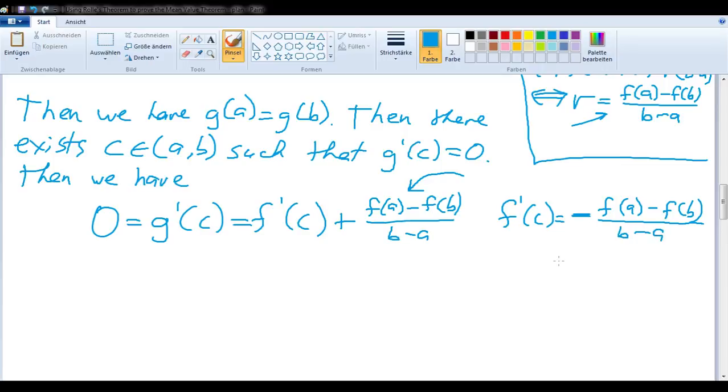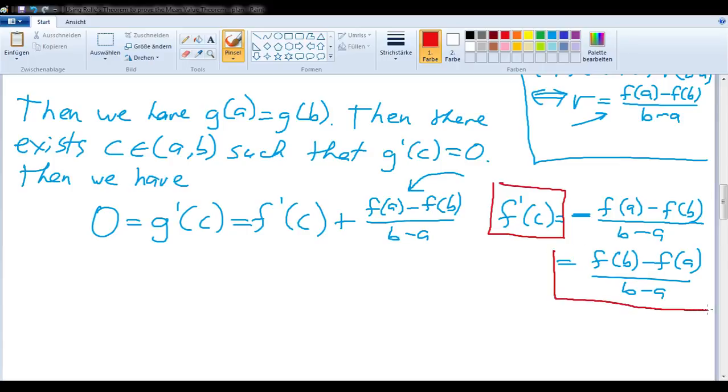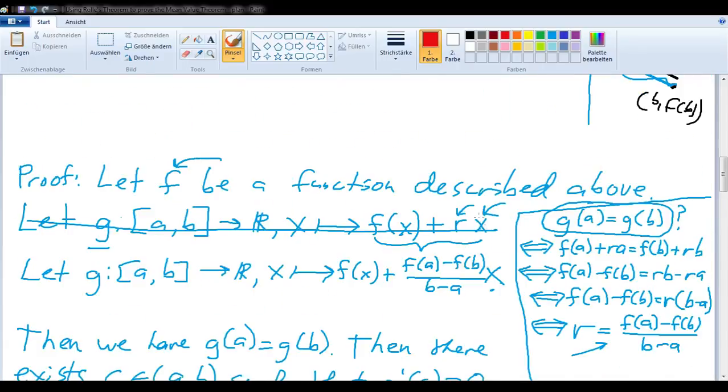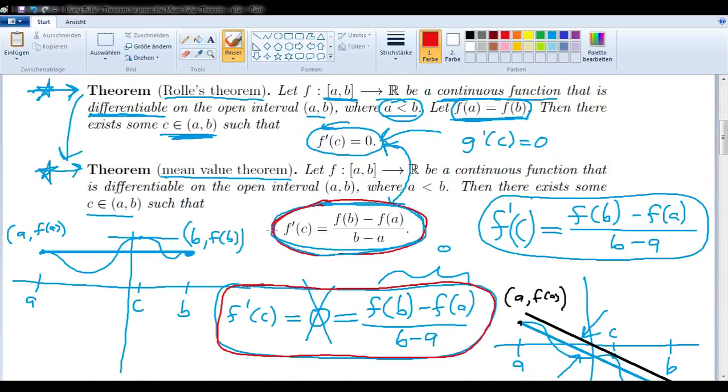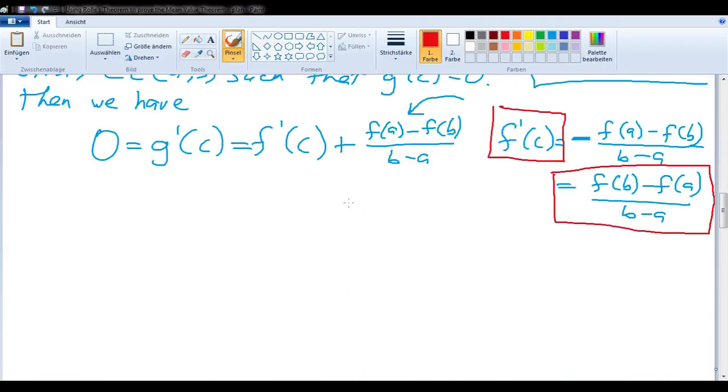So now I could distribute this negative sign, and we get f of b minus f of a over b minus a, which is exactly what we wanted to have, right? We have f prime of c on the one side of the equation. On the other side, we have f of b minus f of a divided by b minus a, which is what we had in our original statement of the mean value theorem. So with that, our proof is complete.